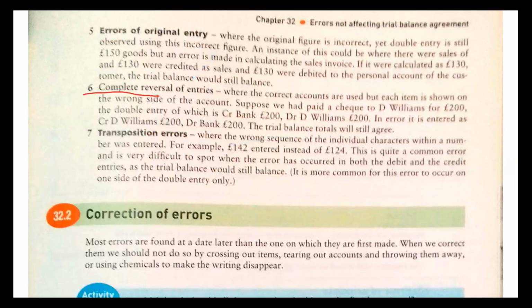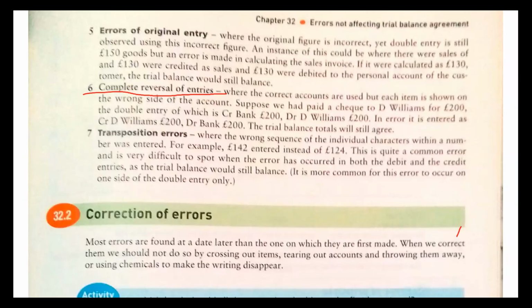Let's look at the error of complete reversal of entries. This is where the correct accounts are used, but each item is shown on the wrong side of the account. Let's say we are supposed to make a payment by cheque to D. Williams of 200 kwacha.